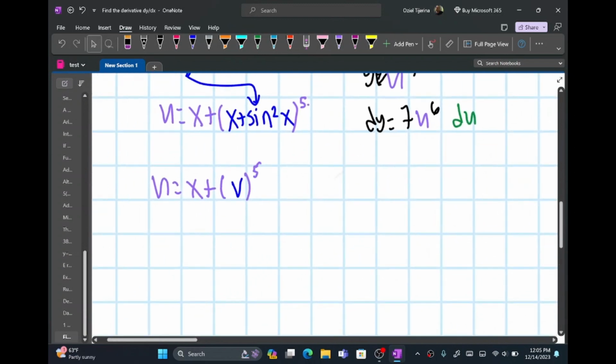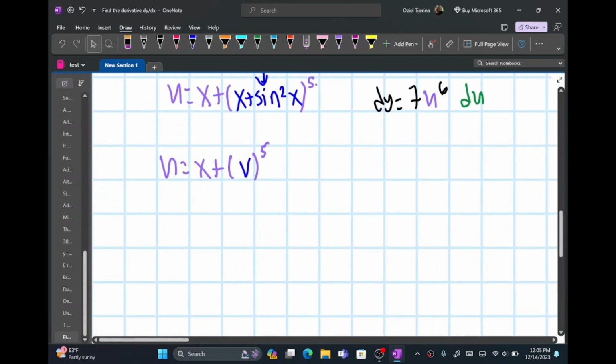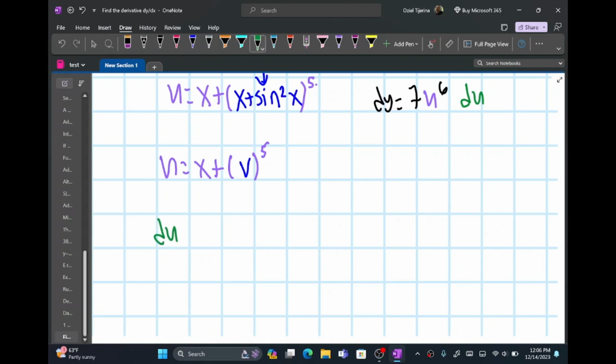Now, here, I'm going to do du with respect to v. So du is equal to 1, because that's the derivative of x there, plus, and we're again going to do the power rule here, 5v to the 5 minus 1, to the 4th.